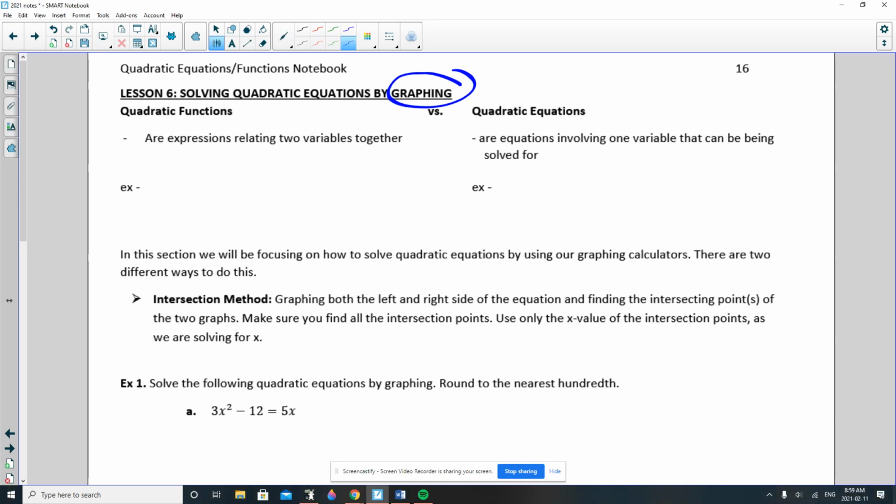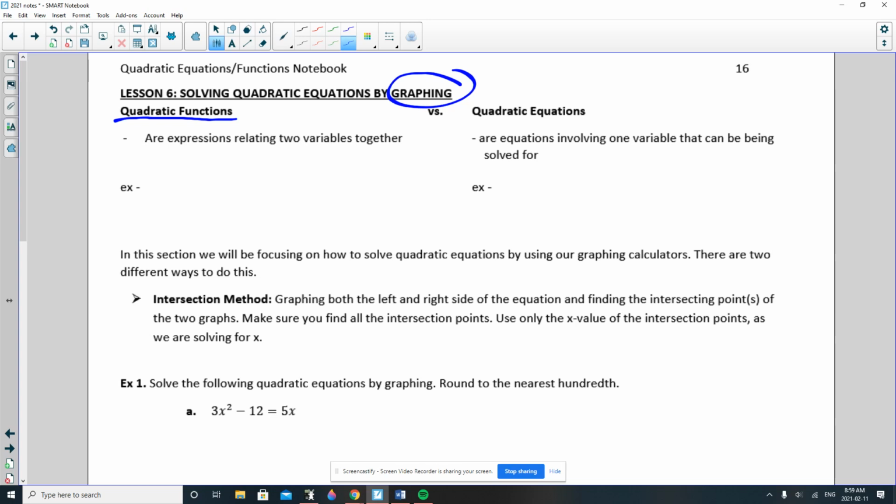Okay, so what we have looked at so far in this quadratic section is what is called a quadratic function. And so a quadratic function is when we have two variables that are related together.